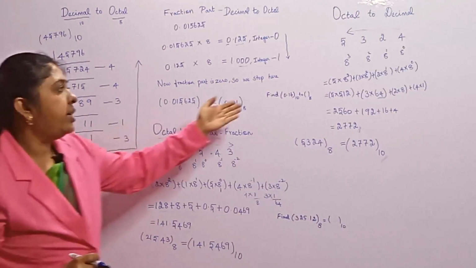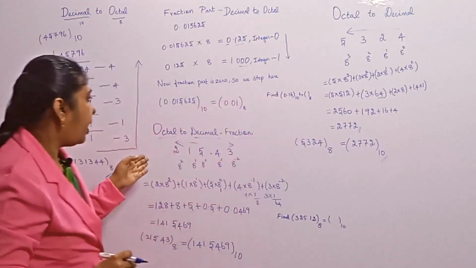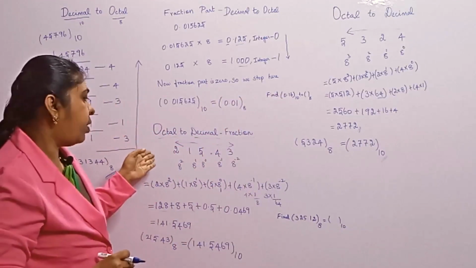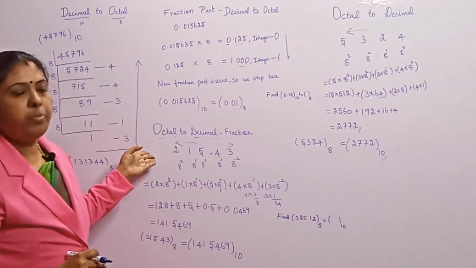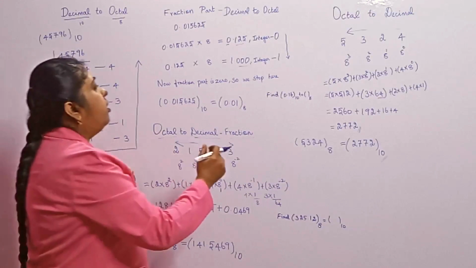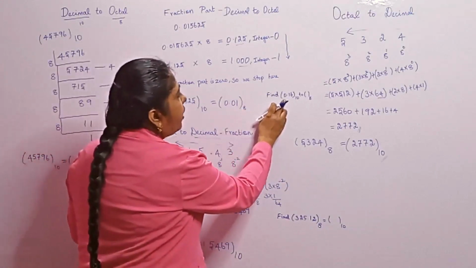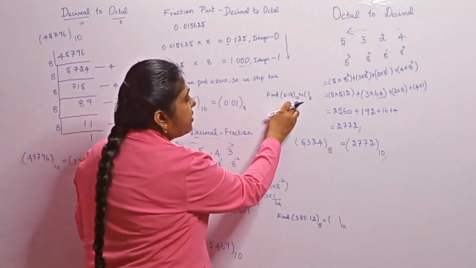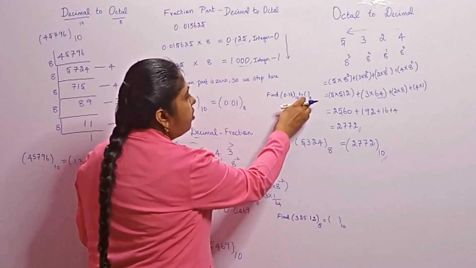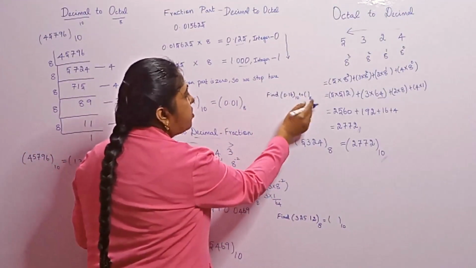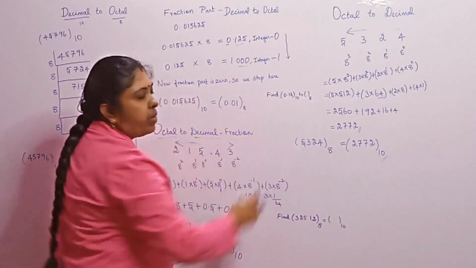That was the example with an integer part, and this is the example with a fractional part. A small work for you. Find 0.16 to the base of 10 and convert it to the base of 8, that is, decimal to octal.